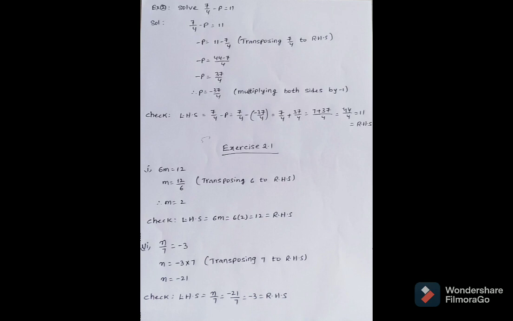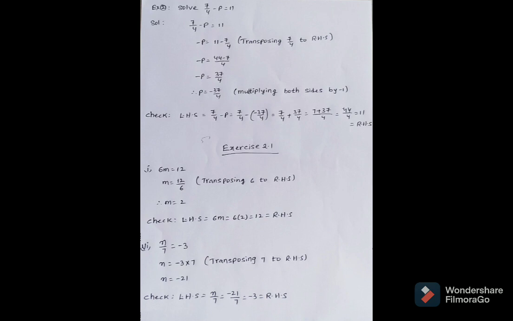LHS equal to 6m. m equal to 2. So 6 into 2, 6 2s are 12. That equal to RHS. So the solution is right.